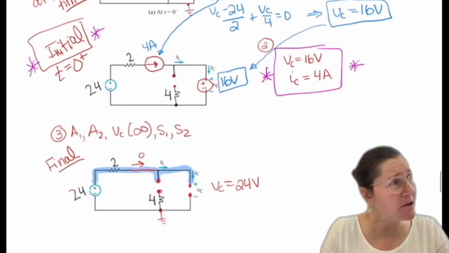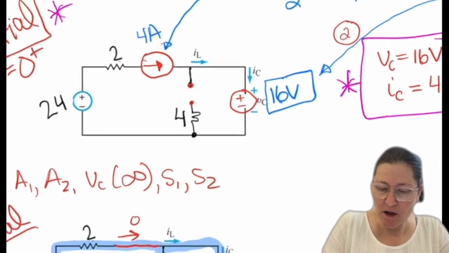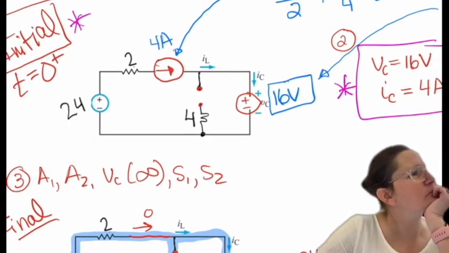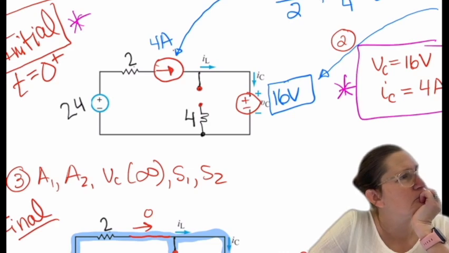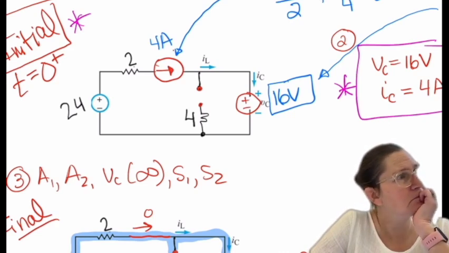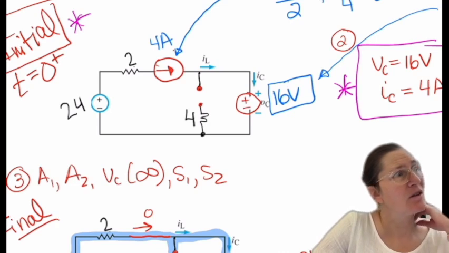I'm just wondering how you conceptualize two battery sources, 24 and 16, with current flowing through that battery. I guess I don't understand what batteries do.